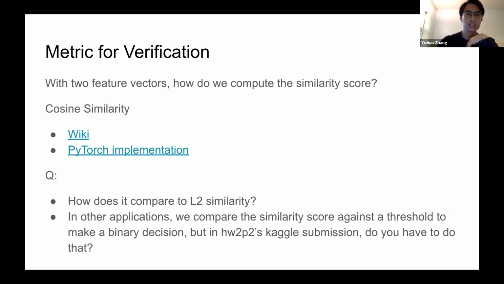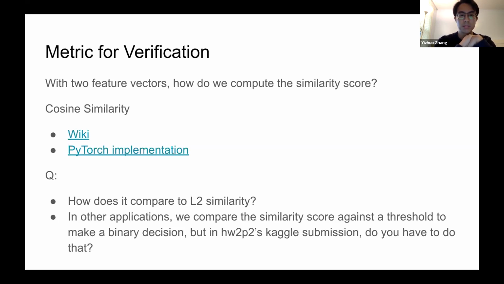So here the cosine similarity is going to give you a continuous number between 0 and 1. And you may want to compare it against a threshold, for example, 0.5. If the number is bigger than 0.5, that means you can make a decision that the two images are of the same person, and vice versa.